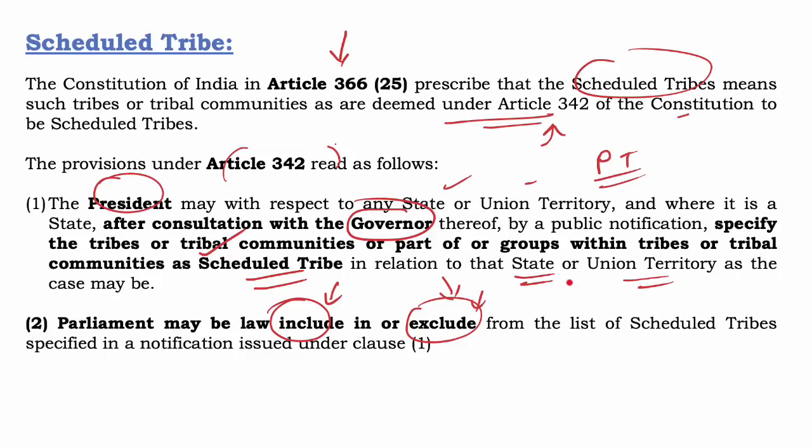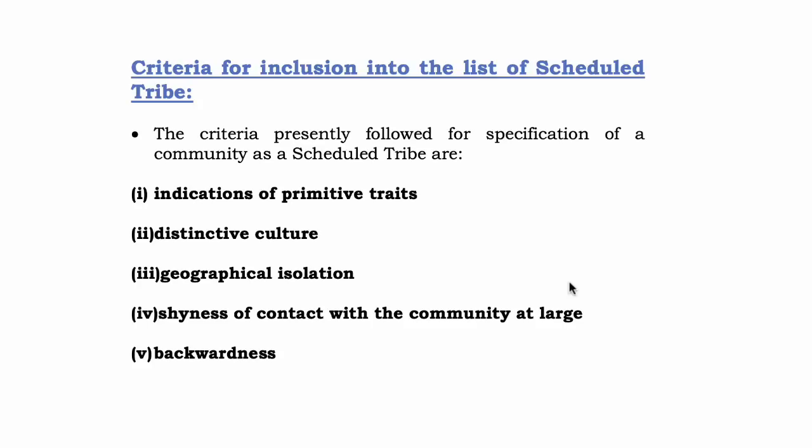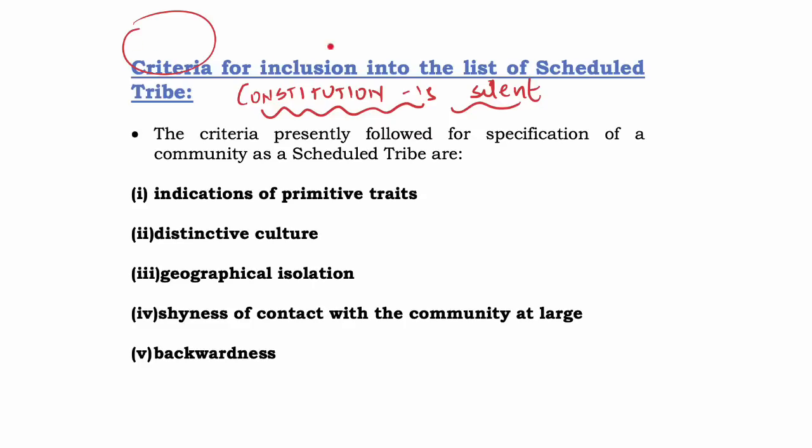We'll try to understand the process of inclusion in the scheduled tribes list. The first thing to understand here is that the constitution is basically silent about the criteria for specification of a community as a scheduled tribe, meaning there are no provisions regarding the criteria for inclusion into the scheduled tribe in the constitution.